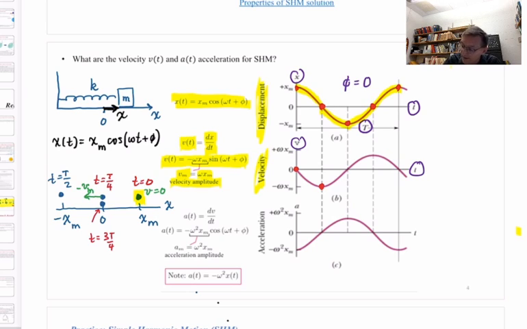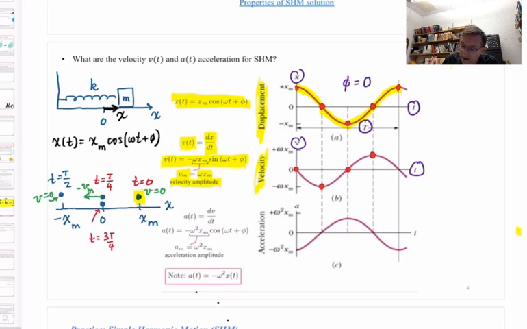All right, a little bit later. At a time of half a period, what's the velocity? 0 again. Where's the thing located? Negative x max. Aha. So now it's over here, where the velocity, again, for one instant, is 0. All right, keep going. At time 3/4 of a period, what's the velocity? When x is 0, the velocity is positive omega x max, positive v max.